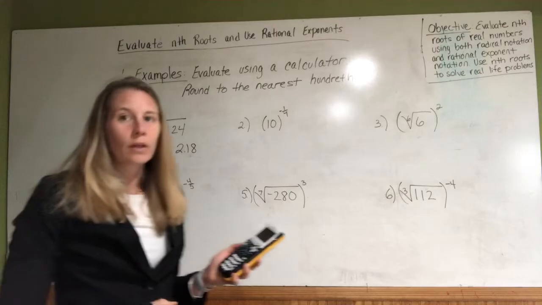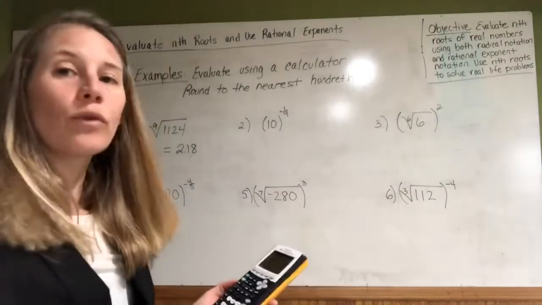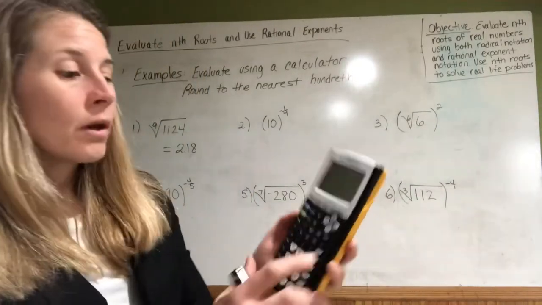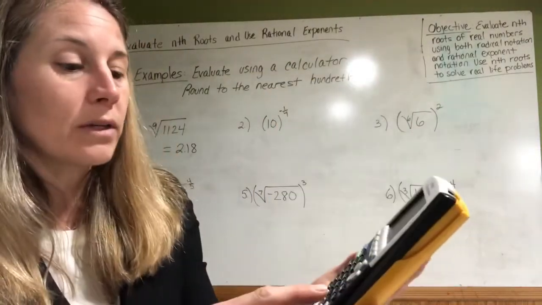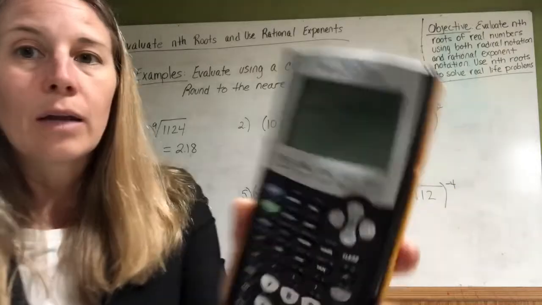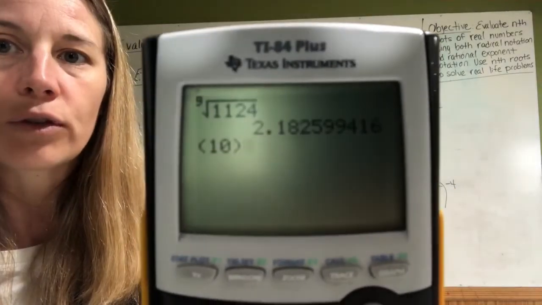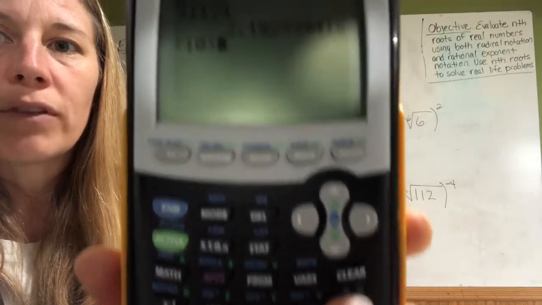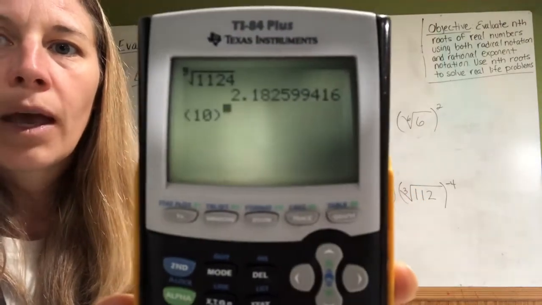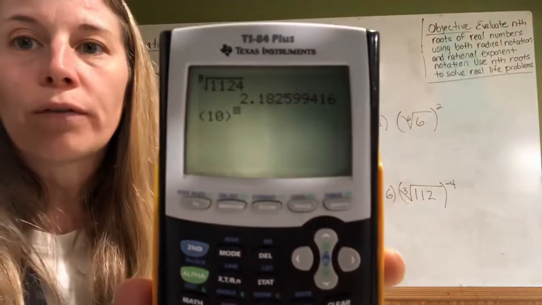If you're doing something like number 2, where we're going to do 10 raised to the -1/4 power on my calculator, if you're raising the entire 10, you want to put it in parentheses. So parentheses, 10, parentheses, so it's going to look like that on your screen. Then you're going to hit your raise button right there, that little caret button above the divide sign. And then in this case, I'm going to do -1/4.